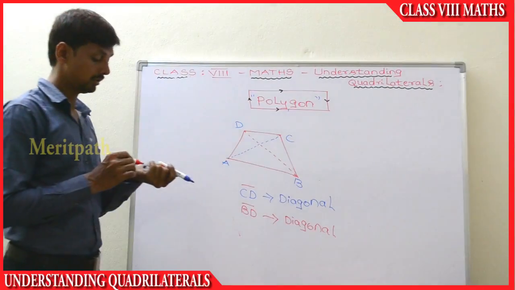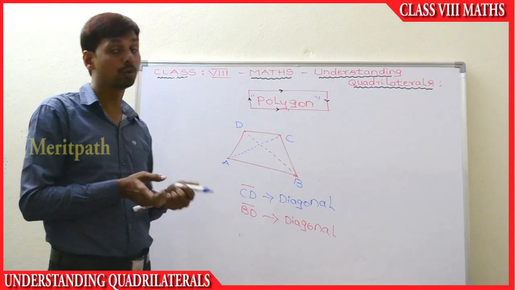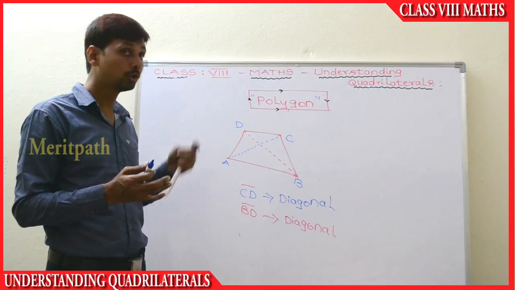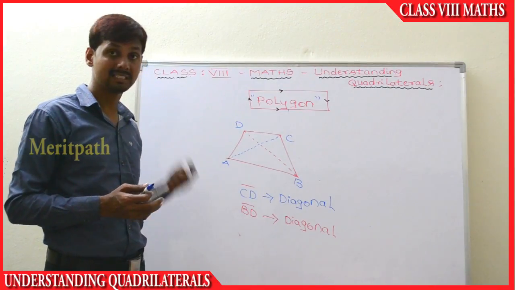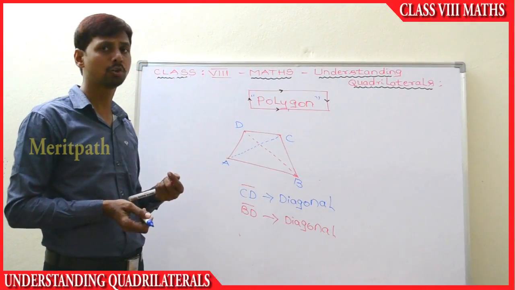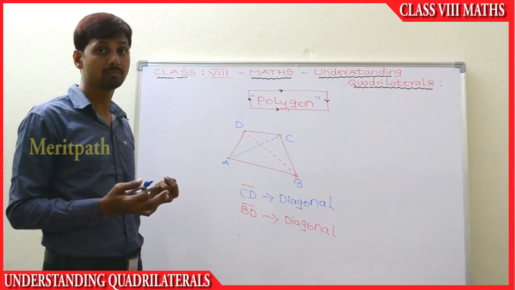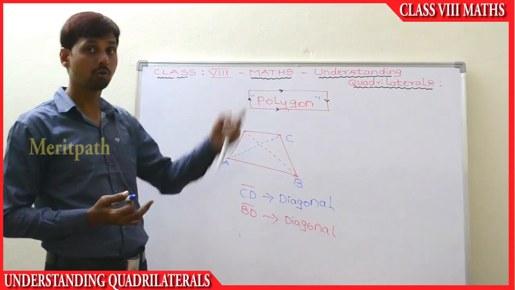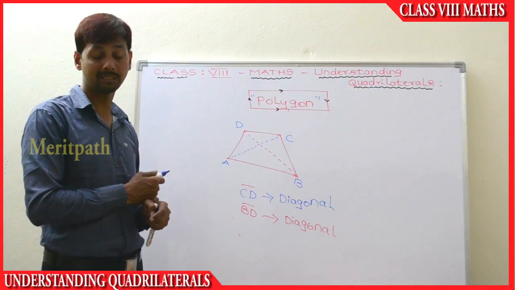So here, joining opposite or non-consecutive vertices forms a diagonal. So we got two diagonals. In a similar manner, we can join the non-consecutive vertices in a pentagon, hexagon, nonagon, and so on.